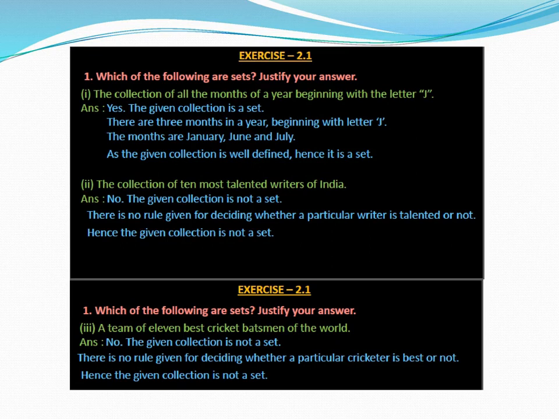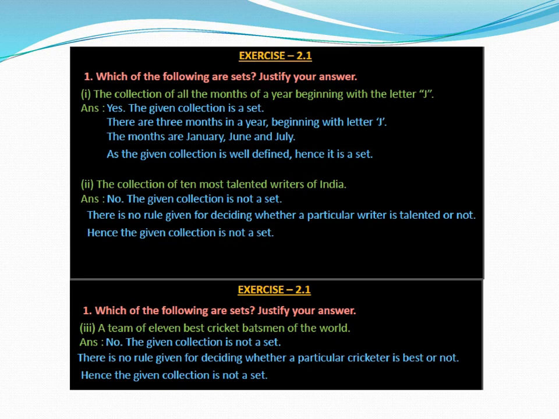These are relative terms, so you cannot write any elements using this statement. So the given collection is not a set. There is no rule given for deciding whether a particular writer is talented or not. Hence, the given collection is not a set.